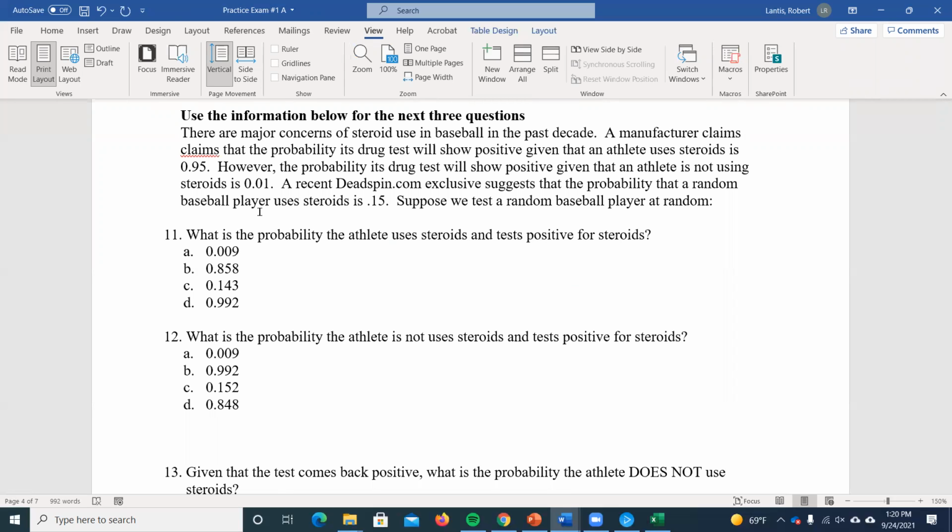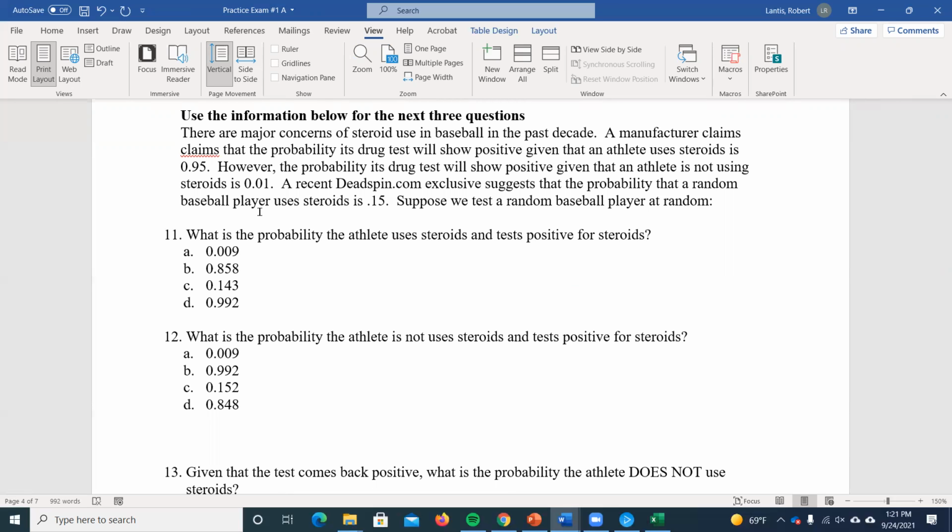uses steroids. So this is an example where practice exam A, I'd probably write it more like this than I would here. I'm using this terminology of given. So given that the athlete is not using, the probability that we get a positive test result... Wait, did I read that wrong? I did.